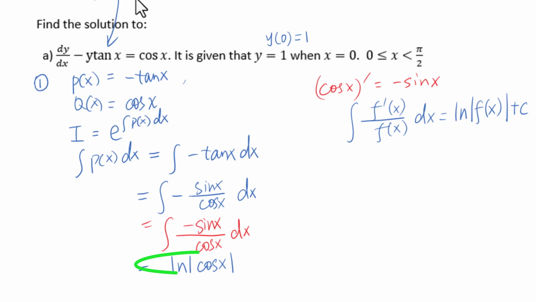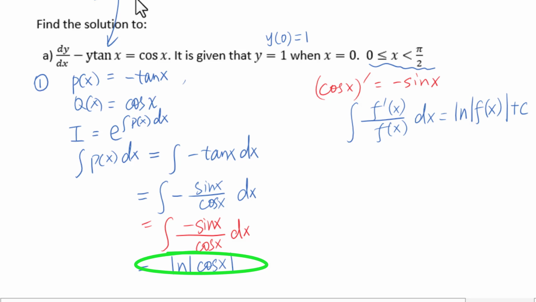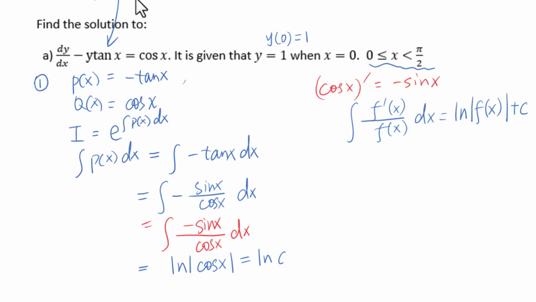So we get the natural log of the absolute value of cosine x. Since x is in the first quadrant, it equals natural log of cosine x.